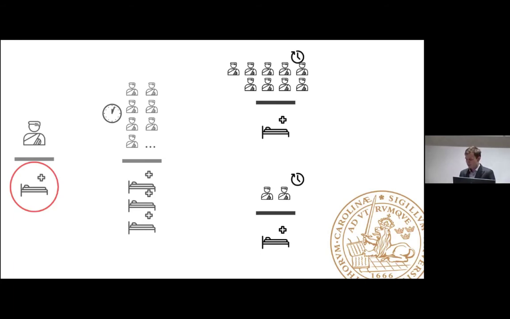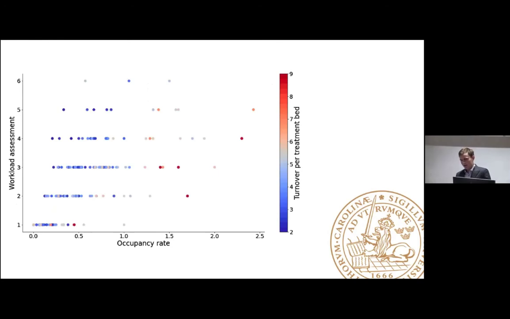And so I thought that this might actually explain some of the differences between occupancy rate and the workload assessment. So again, we move back to the other scatter plot, and then I color this.